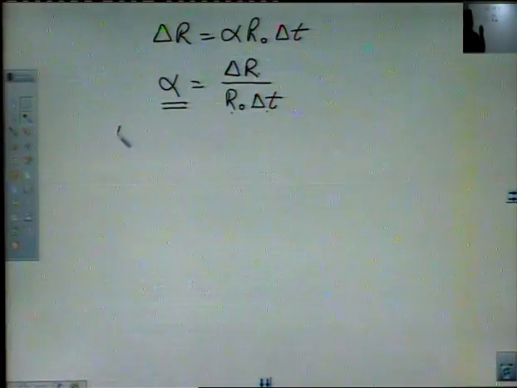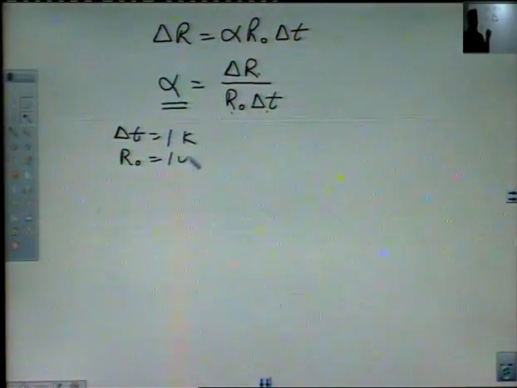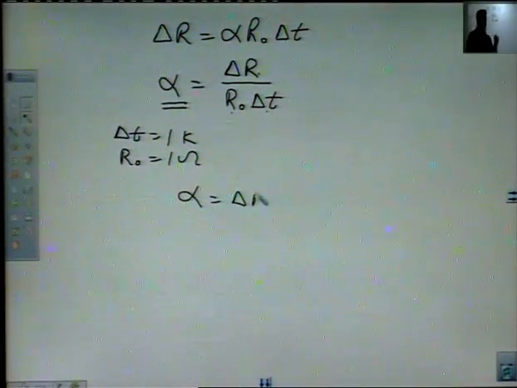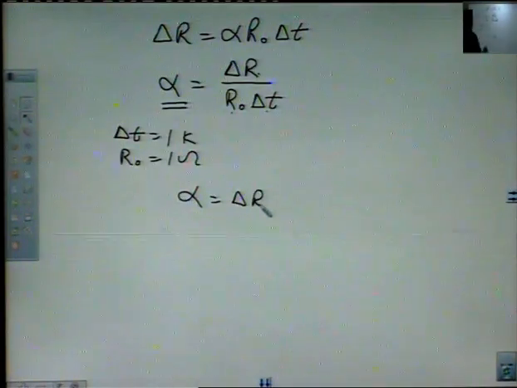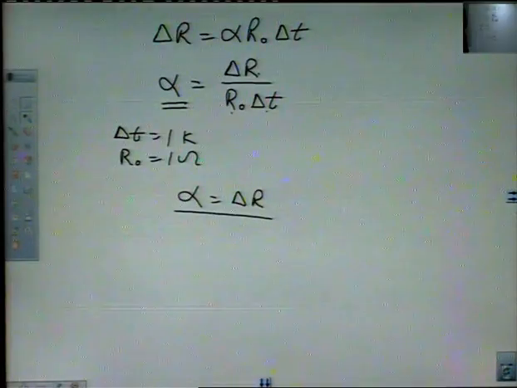So, if delta T is equal to 1 Kelvin and R naught is 1 ohm, then alpha is equal to delta R. So, from here you can define alpha as the change in resistance per unit resistance per unit change in temperature.